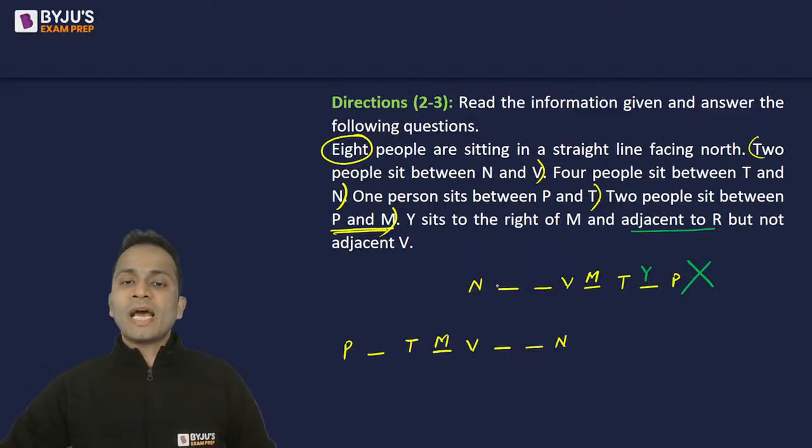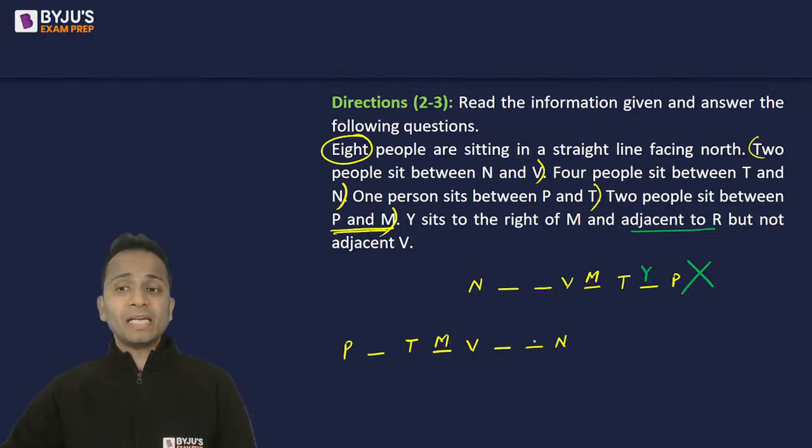Y sits to the right of M and adjacent to R. So Y and R will sit at these two chairs, but not adjacent to V. So Y will not sit adjacent to V. Y will sit here and R will sit at this chair. So these are all the people sitting in this arrangement.